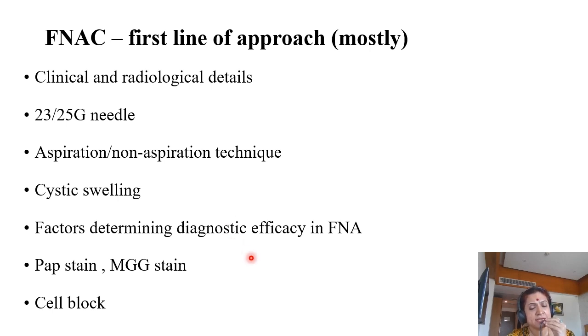And especially with regards to salivary gland FNA, it is advisable that you always do both the Pap stain and the MGG stain. The Pap stain because it brings out the cellular details, whereas in salivary gland tumors, the quality, the type of matrix is highly important in your differential, and that is more highlighted in the MGG stain.